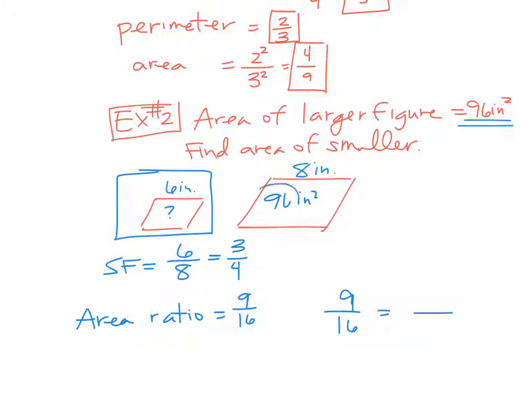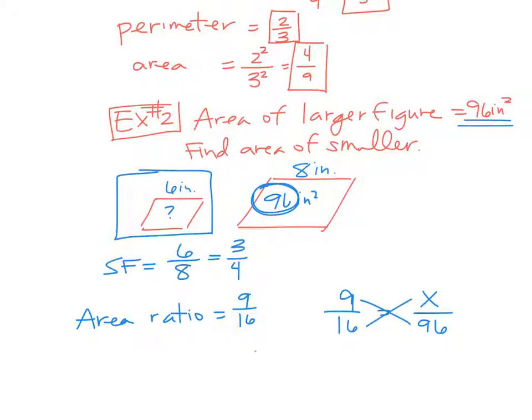We're going to use that 96 as one of our numbers. Think for me where that should go, on top or on bottom? On the bottom, because it's associated with the bigger figure, and the 16 is associated with the bigger figure.